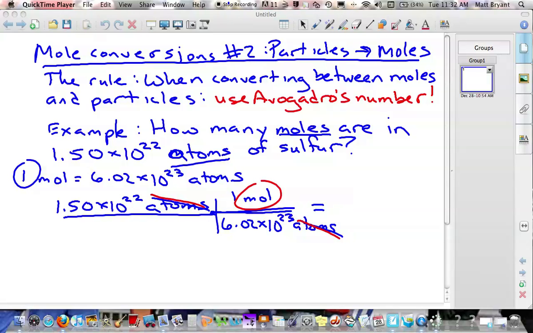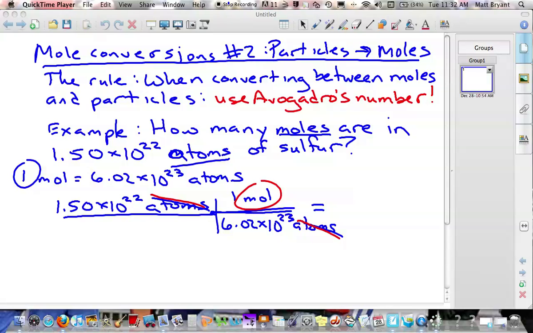So, all that's left to do now is, as my Algebra 2 teacher, Mr. Sperry, used to say, plug and chug. So we take 1.50 times 10 to the 22nd, and we divide by 6.02 times 10 to the 23rd. Obviously, the 1 pretty much cancels out, so we can effectively ignore that.